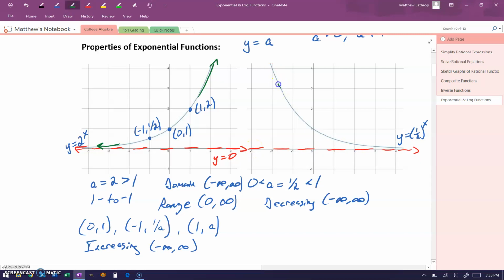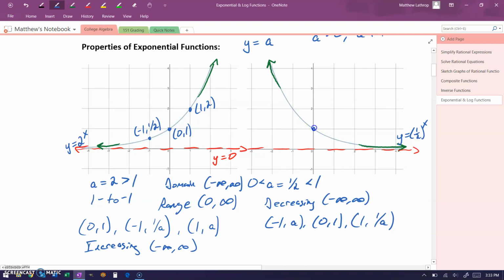Now as x approaches negative infinity, our function values are headed off to positive infinity, and as our x values approach positive infinity, our function value is approaching 0. So that same behavior, just flipped. And our function will always hit the points (-1, a), (0, 1), and (1, 1 over a).